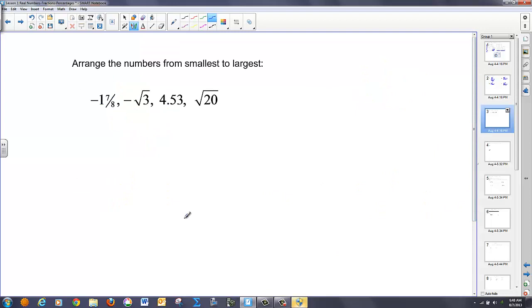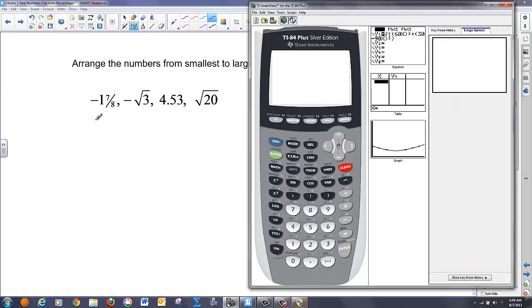I'm going to arrange this from smallest to largest, so what we probably ought to do is get out a calculator. So in this case I have negative 1 7/8 and negative root 3, and I need to see which one is actually bigger.